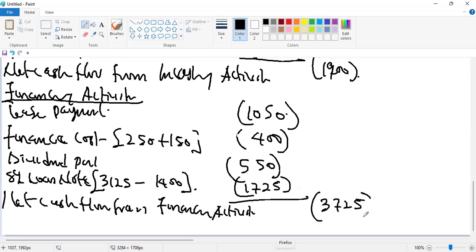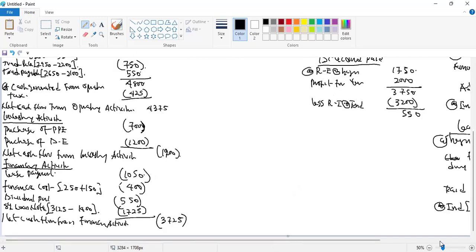Outflow. I will now add all the nets. 4,375 minus 19 minus 375. Negative 1,250.